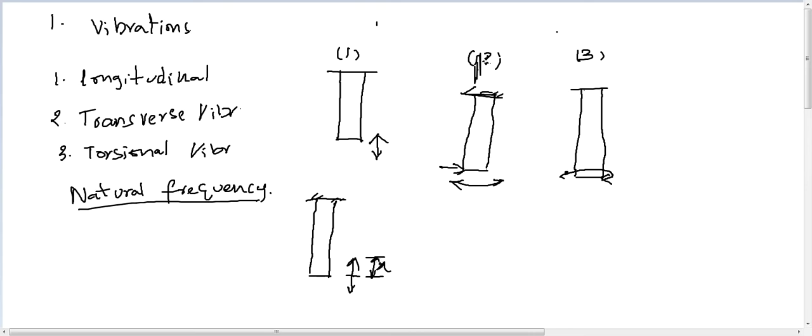And if we plot this displacement with respect to time, this is the time axis, and on the y-axis we have the displacement, which is small x. We will get a curve something like this.